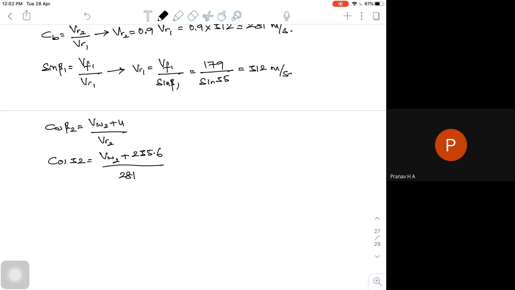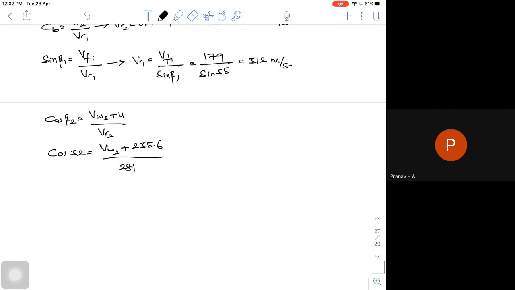Fine. Then if I substitute, VW2 is equal to 281 cos 32 minus 235. I am getting around 3.2 meters per second.